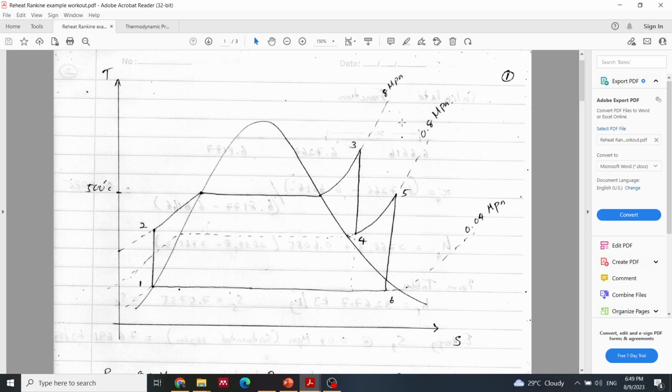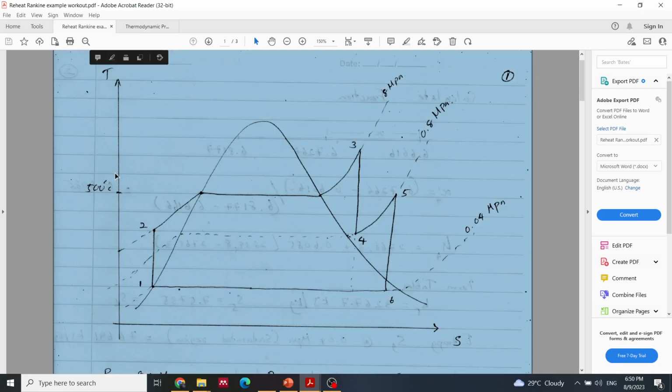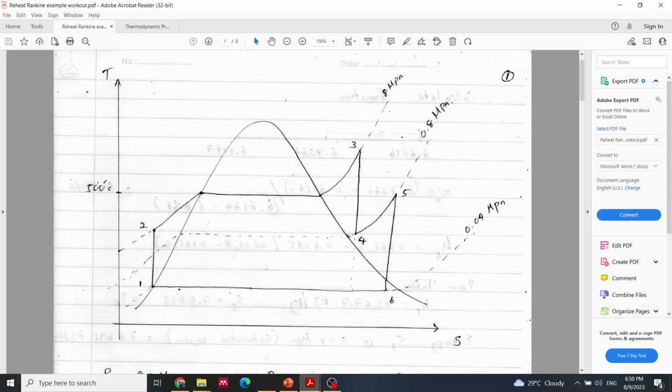And also it is given that the entry temperature for the high pressure turbine is 500. Now this is wrong, this part is wrong.